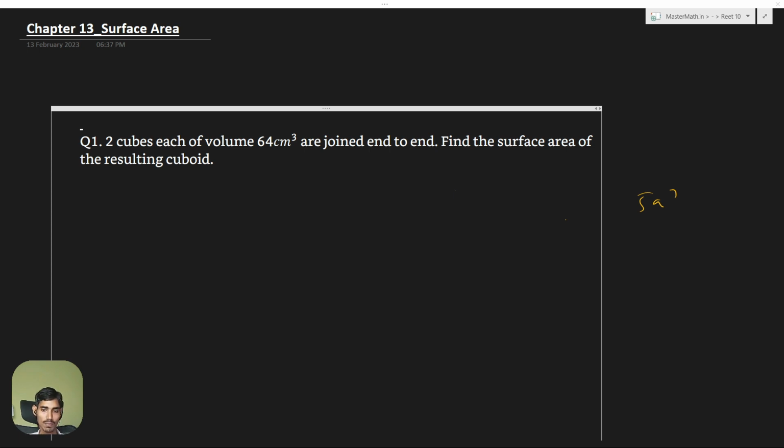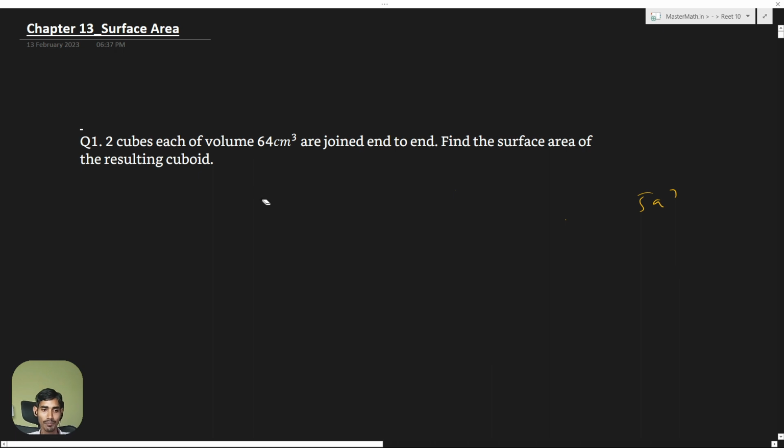So in this question, the volume of the cube is given. So we will put it as a cube and find the side of the cube. So the first step is to make the diagram.